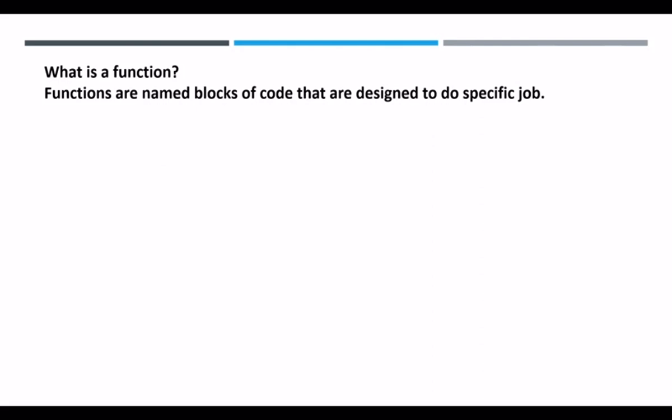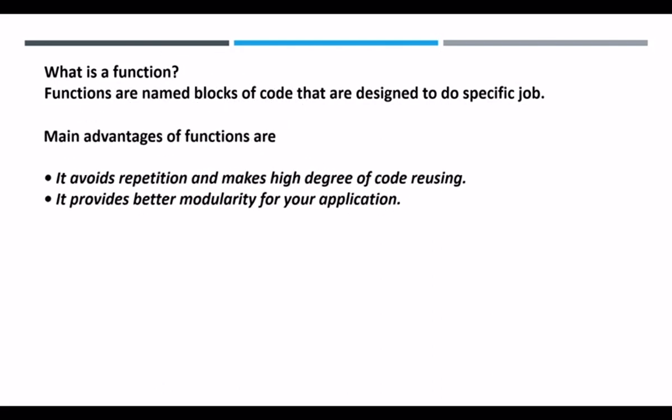Now let us see what the advantages of a function are. The main advantages are listed here. The first one is that it avoids repetition of code. That is a very important advantage of a function.